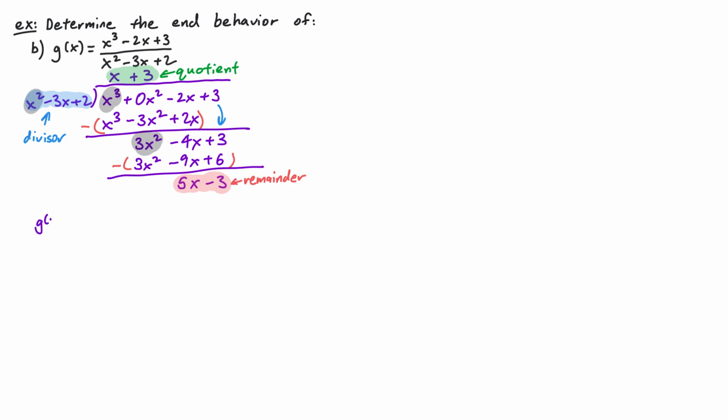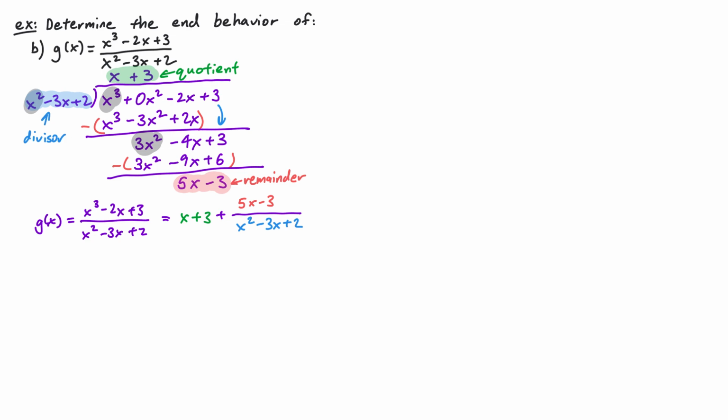So our function g of x, which is x cubed minus 2x plus 3 divided by x squared minus 3x plus 2, can be rewritten as the quotient x plus 3 plus the remainder 5x minus 3 divided by the divisor x squared minus 3x plus 2.